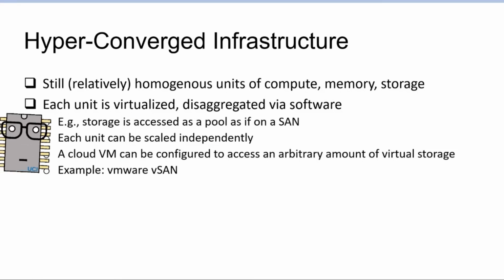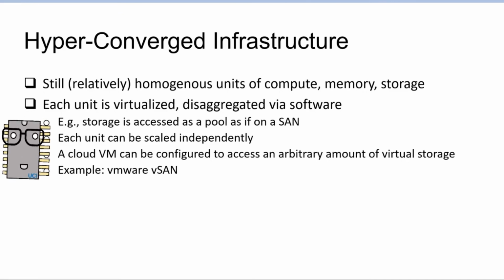in the hyper-converged infrastructure, there is a middleware layer which virtualizes each resource unit. It virtualizes the storage, the computation, and the memory, so that the software running on a hyper-converged infrastructure can pretty much act like it's requesting virtual machines. It can ask for a certain amount of memory, computation, storage, or bandwidth.